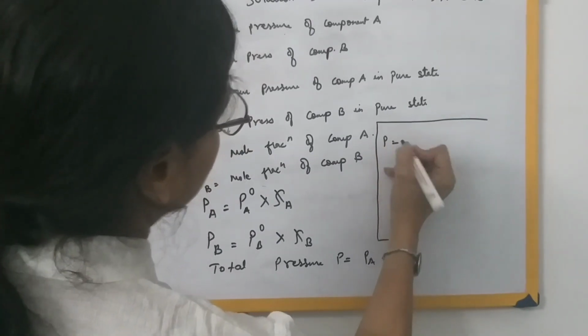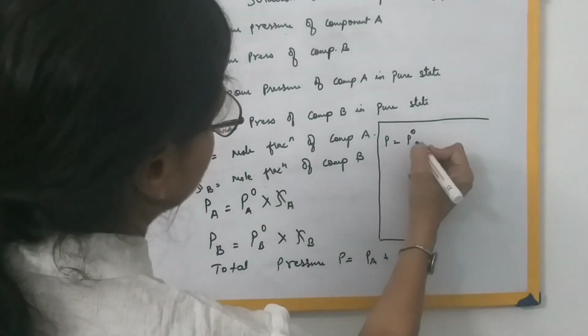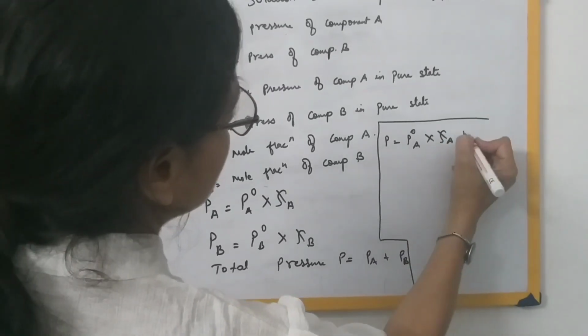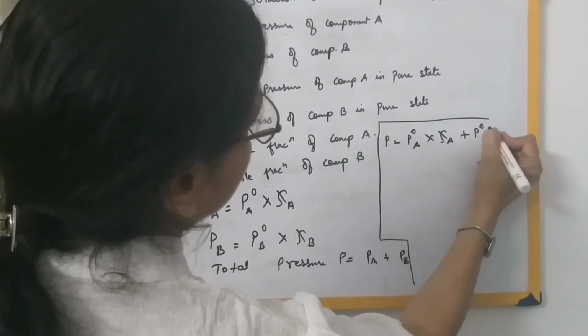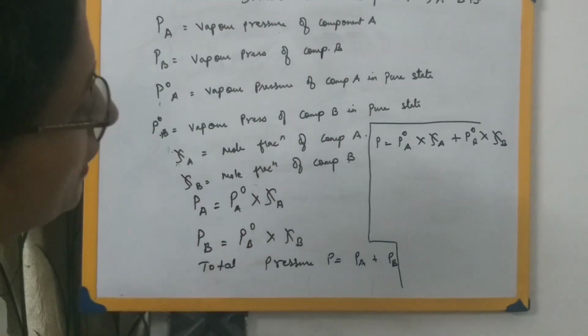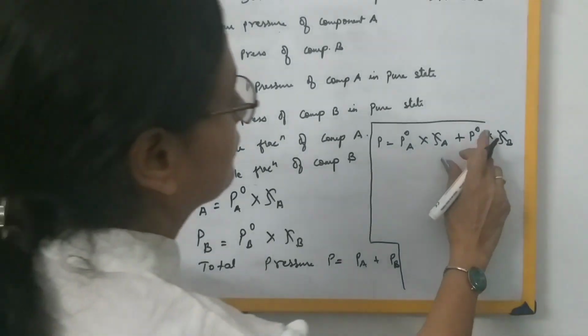P will be, PA is P0A into chi A plus P0B into chi B. This will be giving us the total pressure due to the two components, that is A and B. This is B over here.